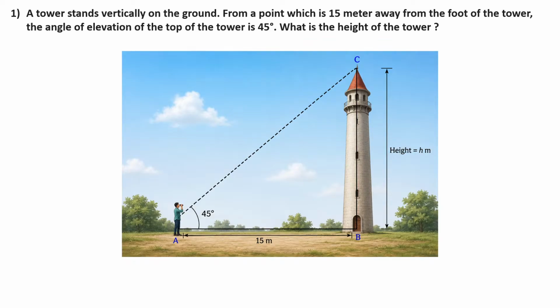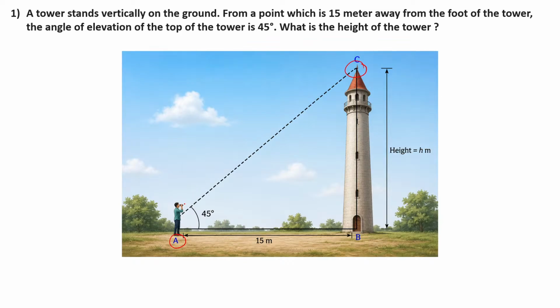A tower stands vertically on the ground. In the image, you can see the tower which is standing vertically on the ground from a point A. As you can see, from a point A, observer is observing the top of the tower.